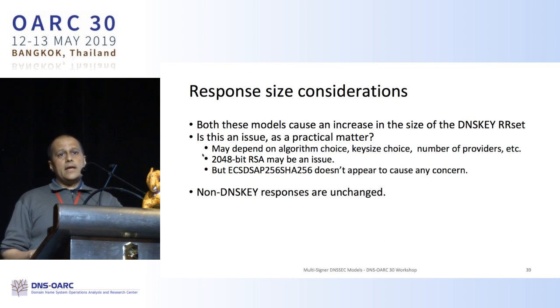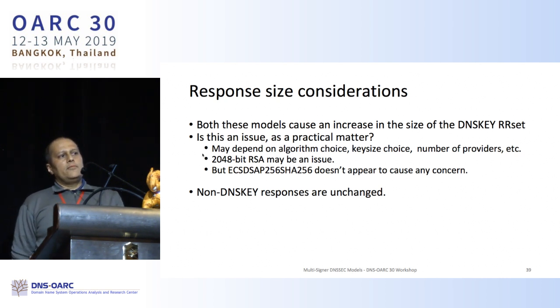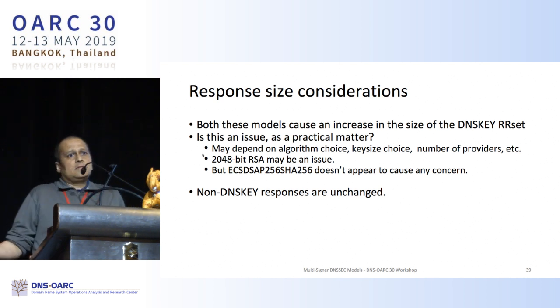The answer to that probably depends on a number of factors: your choice of algorithm, for algorithms that support varying key size, the choice of key size, and the number of providers involved. So if you're using 2048-bit RSA ZSKs and KSKs, and you're using 3 or 4 providers, I admit you might run into some problems. If you're using ECDSA, which is what we've almost uniformly tested with, there doesn't seem to be any problem at all.